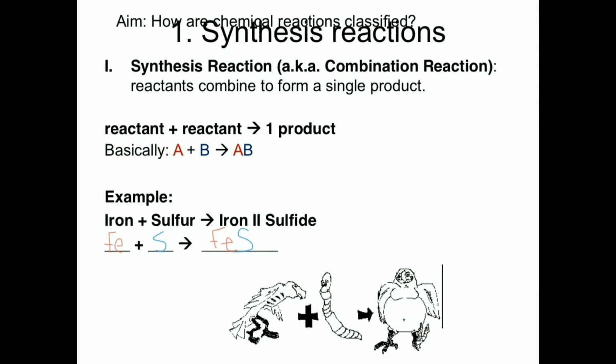Recall that the Roman numeral after the metal indicates the charge of the metal in the compound. When writing compounds that are formed through synthesis, it's always important to make sure that the overall charge is 0, like a stable, noble gas electron configuration.